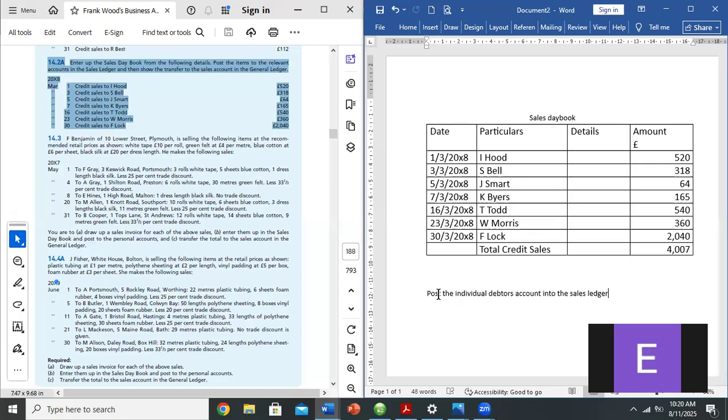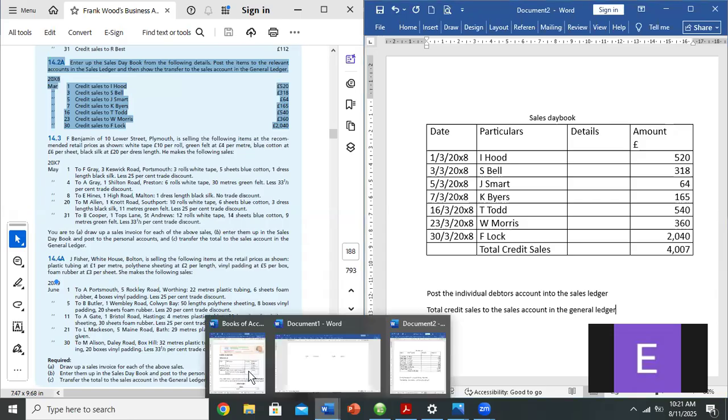So you are going to post iHood, SBL, JSmarts, etc.'s account into the sales ledger. Then the total credit sales, you post to the sales account in the general ledger. What is the general ledger? We said that one keeps all other accounts that cannot be kept in the other 5 ledgers.